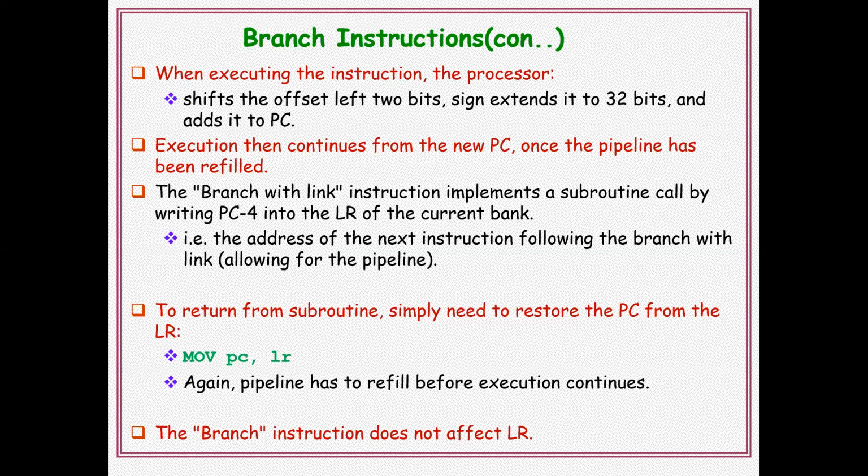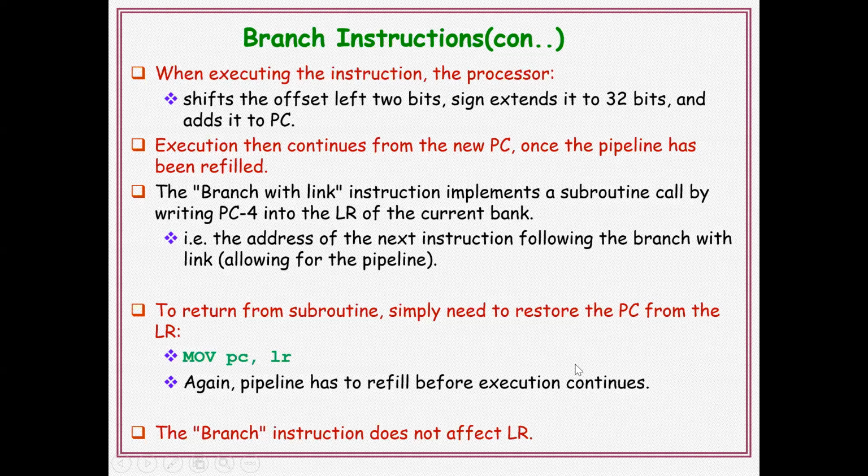The branch with link instruction implements a subroutine call by writing PC minus 4 into the link register of the current bank. That is the address of the next instruction following the branch with link.